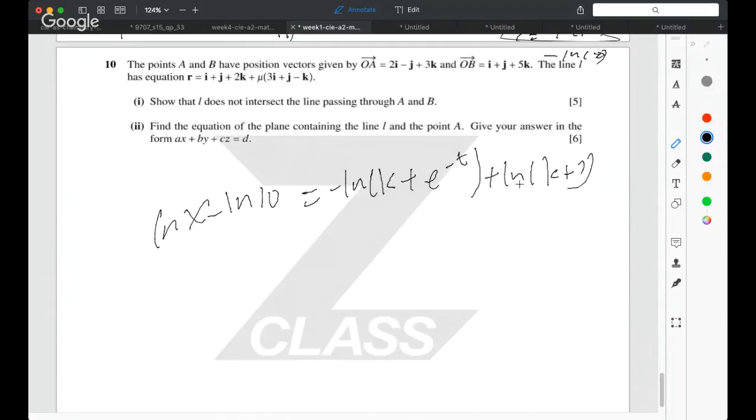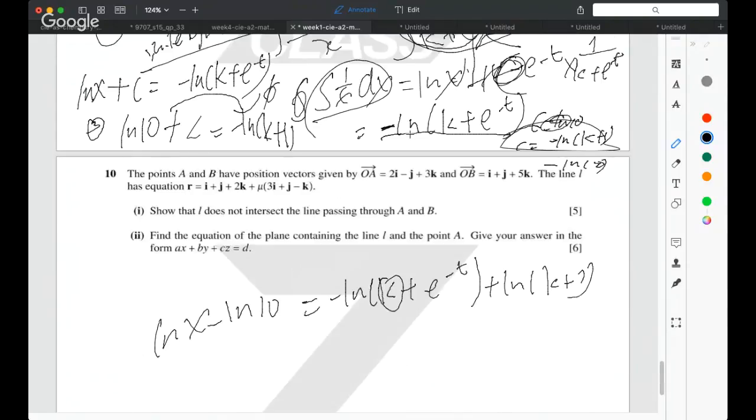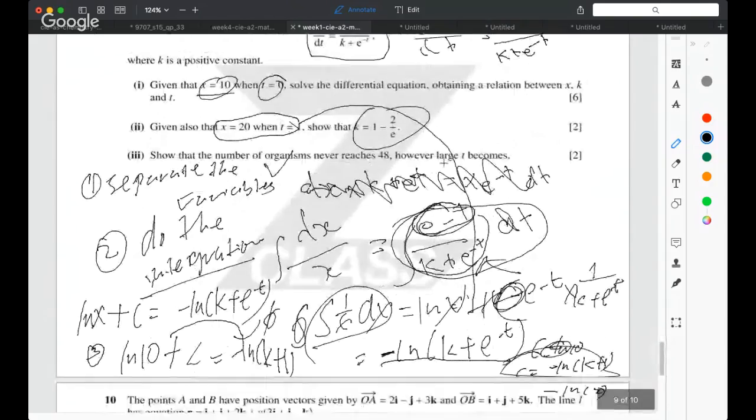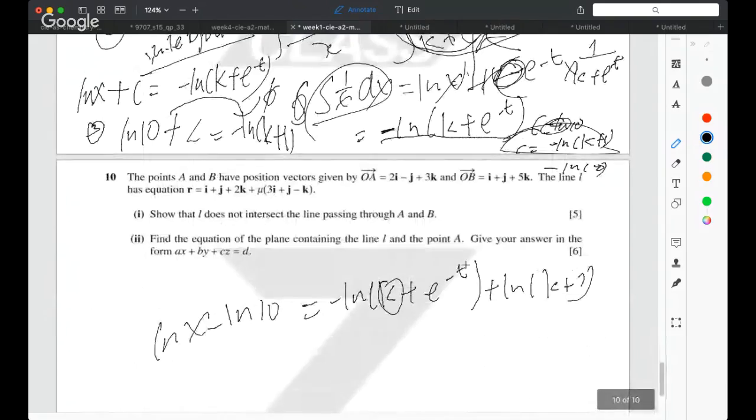K is a constant, right? The question says it never reaches 48, meaning no matter how large t becomes. So when t is very, very large, what is e to the power minus t?